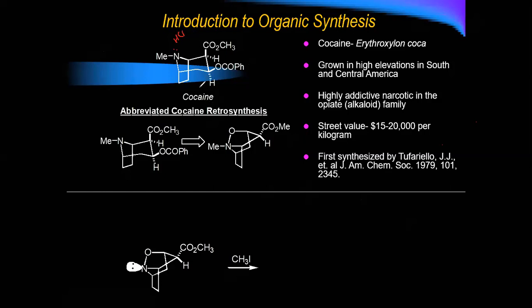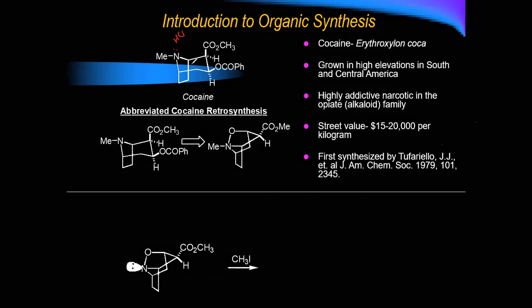But when you sell it to somebody who wants to triple their money, because a kilo is, these are old numbers, it may be much more expensive now, somewhere between $15,000 and $20,000 per kilo. If you want to quadruple that or multiply it by 10 times, you would take the powder and turn it into crack.